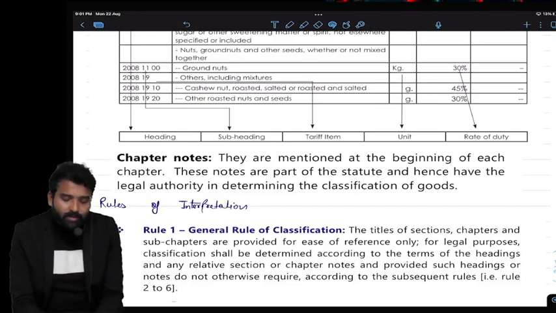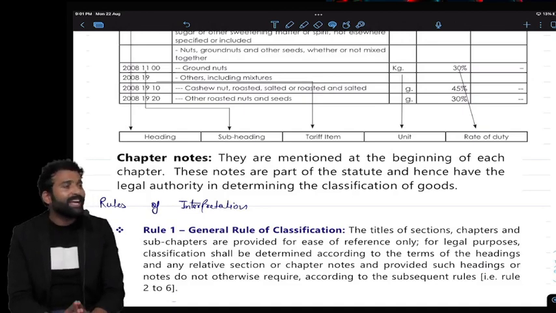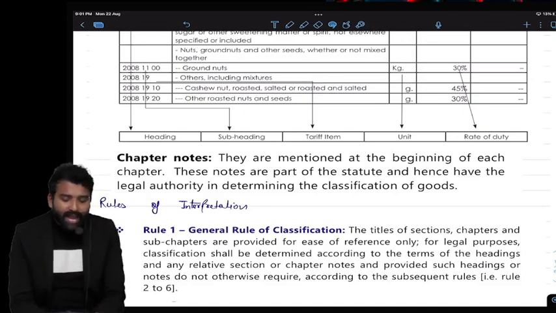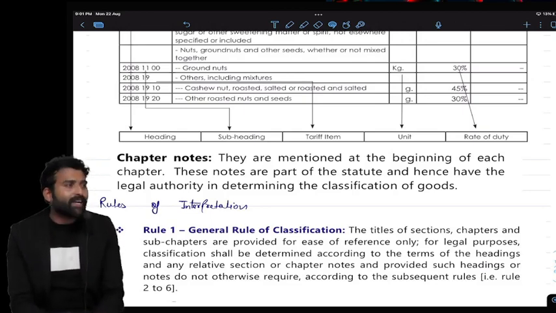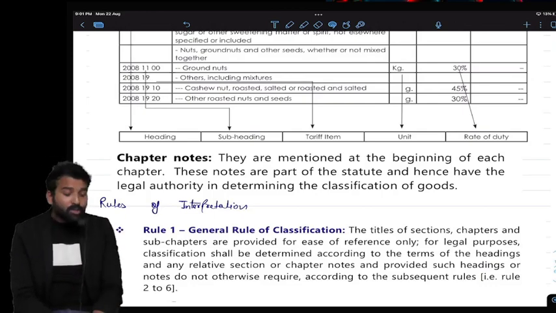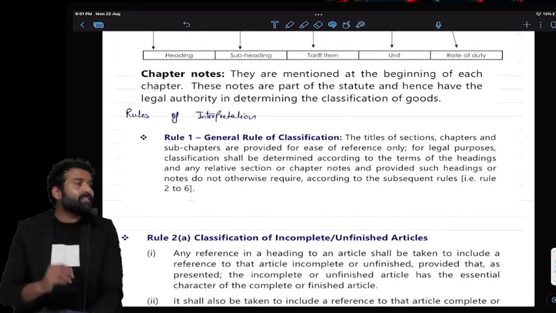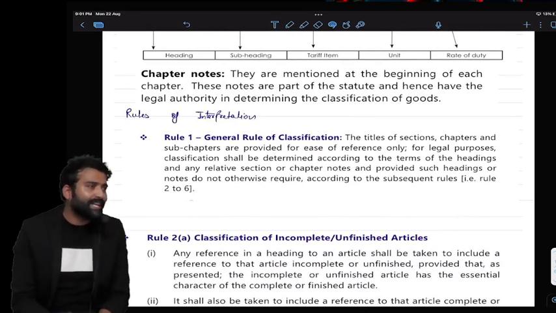Okay. Now, अगर आप कोई भी टैरिफ पढ़ रहे हो, if you are referring any tariff, and you are not able to find out the exact goods where my goods should be classified, what rate should be applicable, then I have to go for rules for interpretation. So there are some rules of classification that I have to follow if there is any ambiguity in finding out the rate of goods.